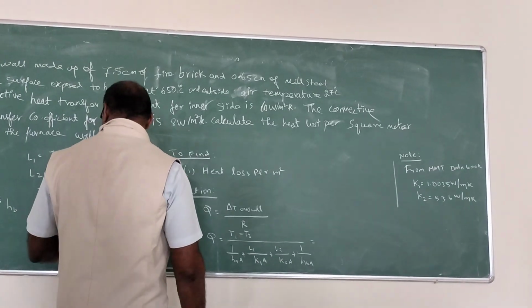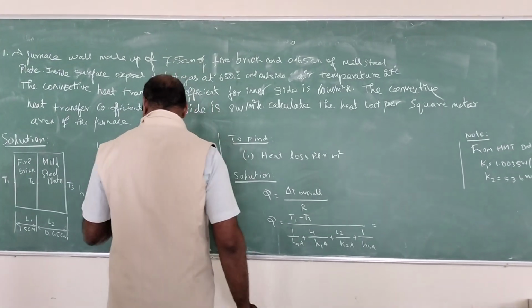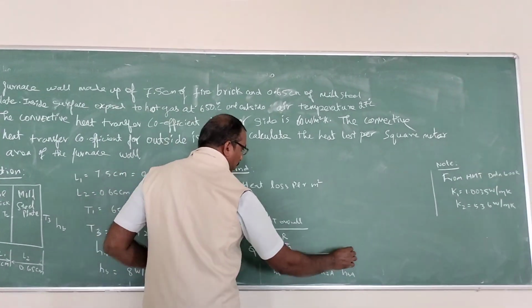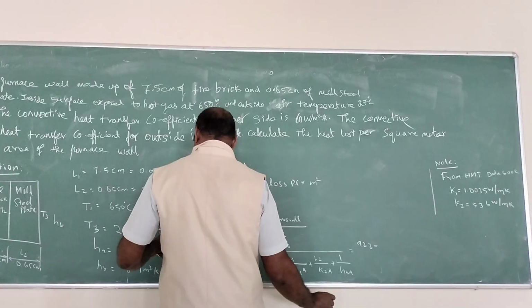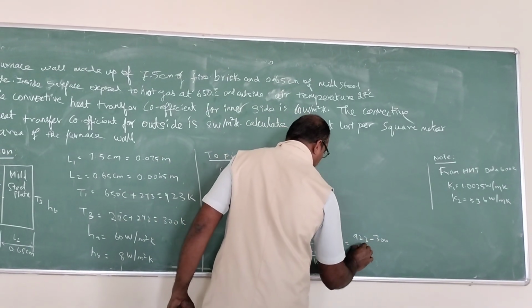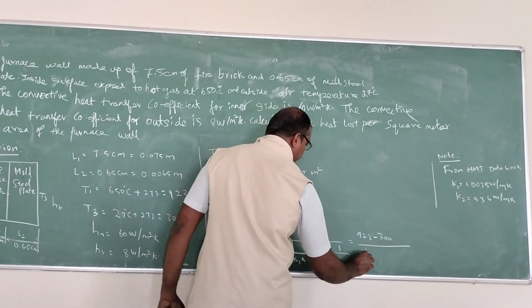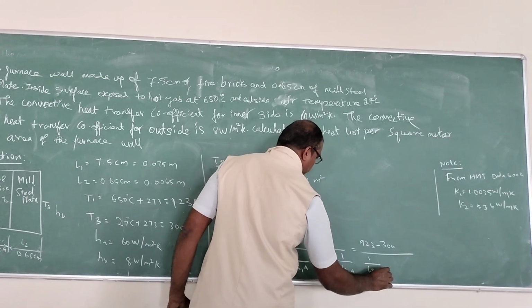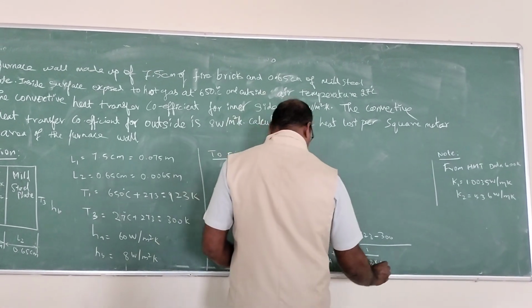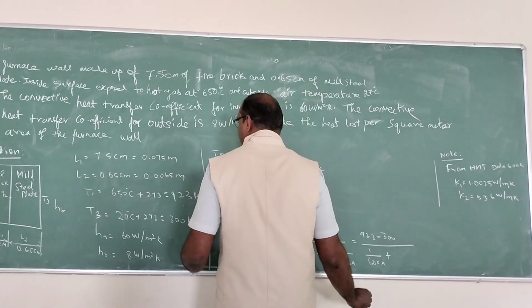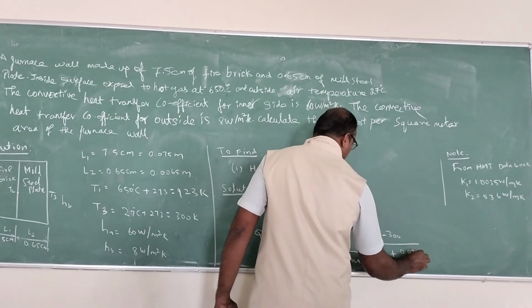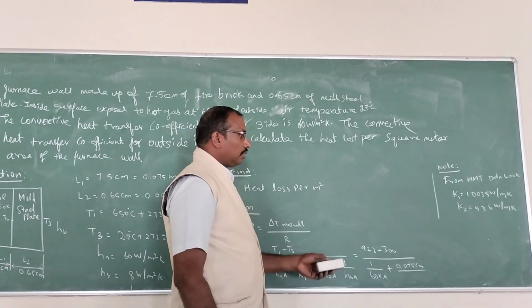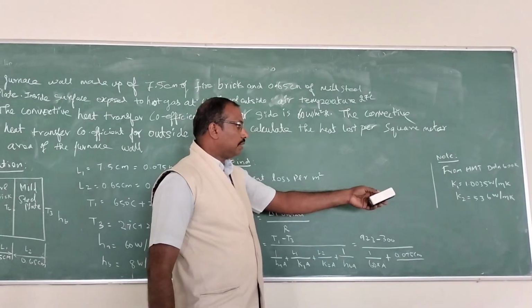T1 minus T3, that is 923 minus 300, divided by 1 by HA, here the given value is 60 into A, plus L1, whose value is given as 0.075, divided by K1. K1 is not given. This data is available in the HMT data book, page number 34.